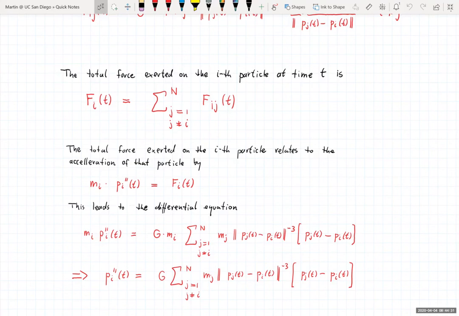Let us recall at this point that the function p_i actually is constituted by 3 functions at once, the coordinate functions for the x, y, and z coordinate. So if we unwrap all this, then actually this is a system of 3 times n unknown functions that take scalar values.